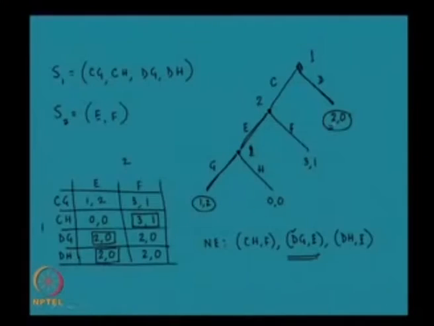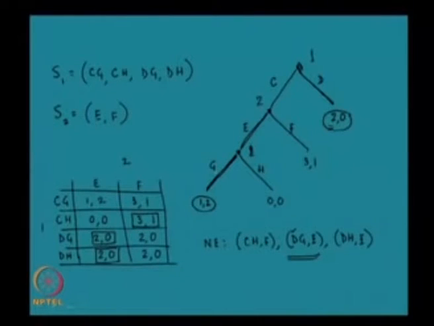What about this action G? Well, if he changes his action and takes up the strategy DH instead of DG, then his payoff is not improving, because the payoff remains at 2. So, it does not matter if he changes this action from G to H, and thus changing the strategy, his payoff remains at 2.